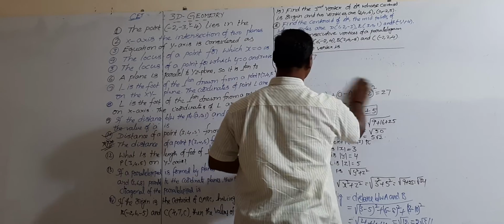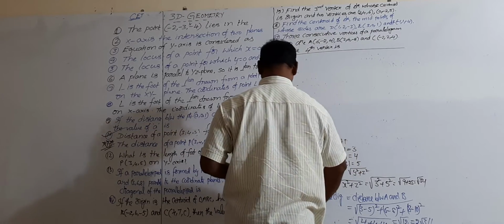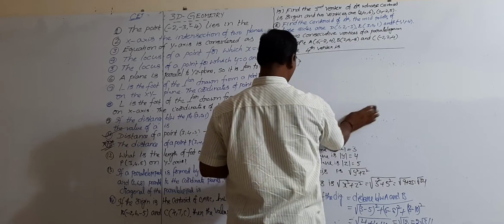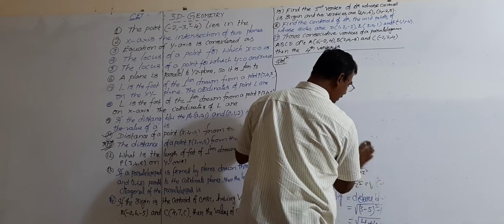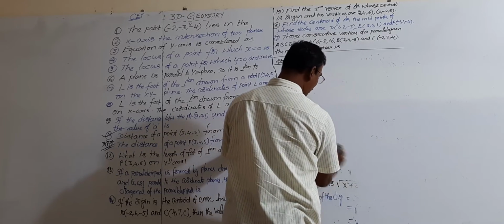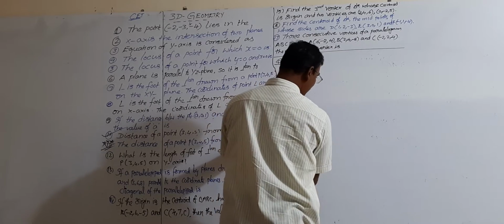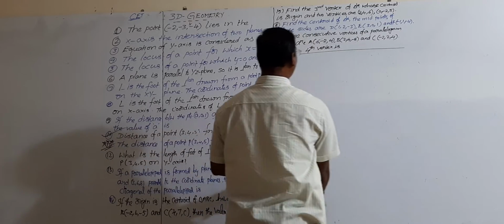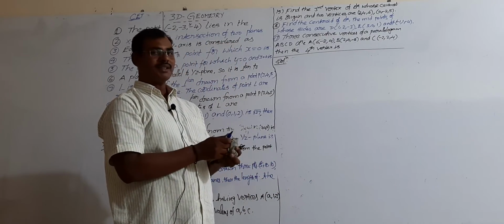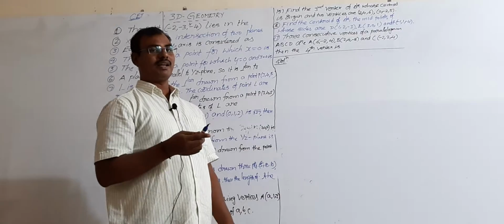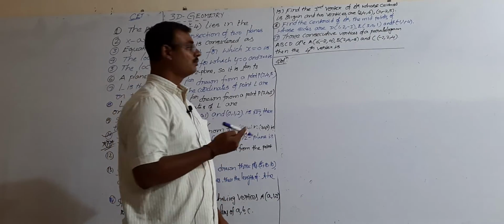So we know the centroid of triangle ABC. Do you know, all of you? Yes, I revised these points in the theory classes also. The centroid is the arithmetic mean of 3 numbers. x1 plus x2 plus x3 divided by 3, like that for the y coordinate and z coordinate also.